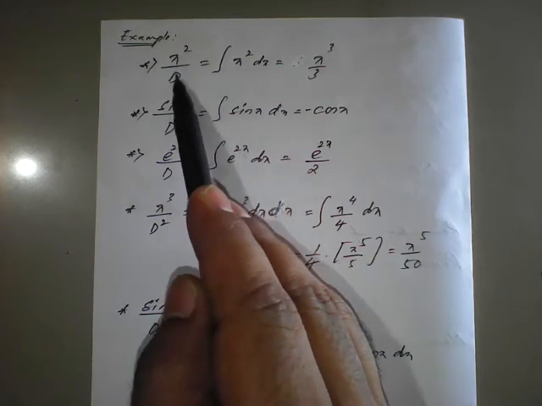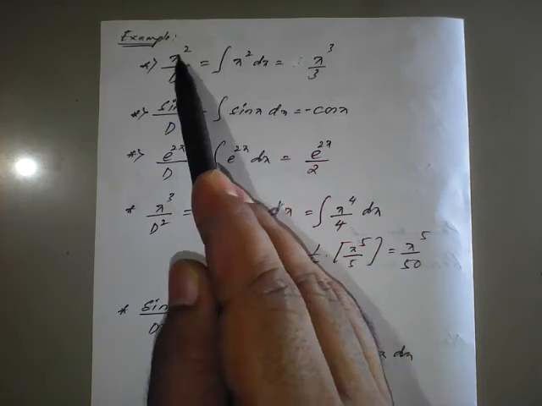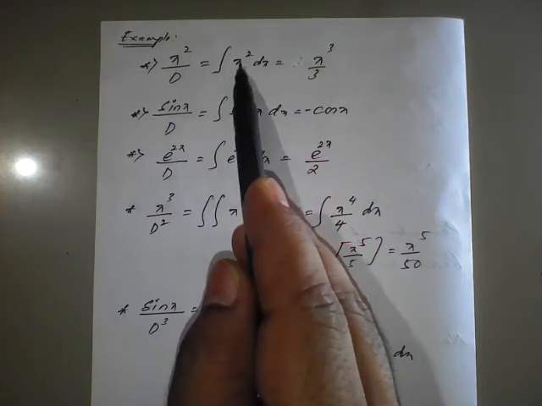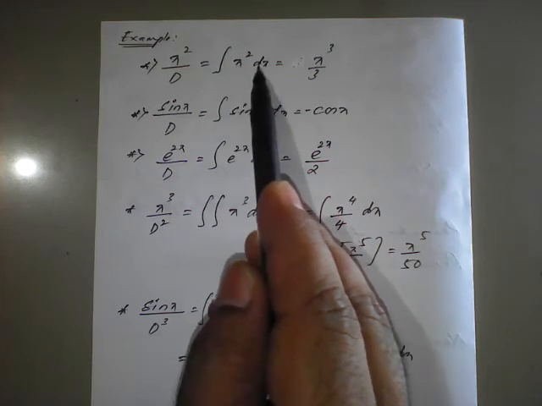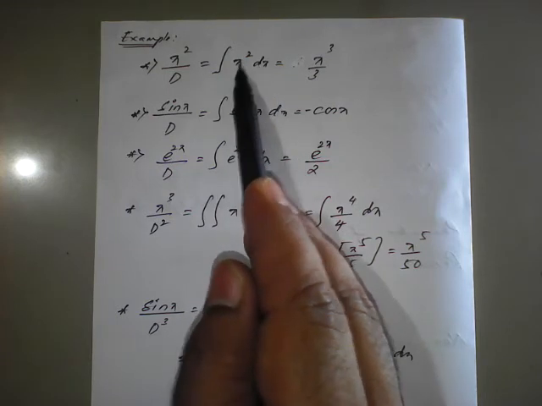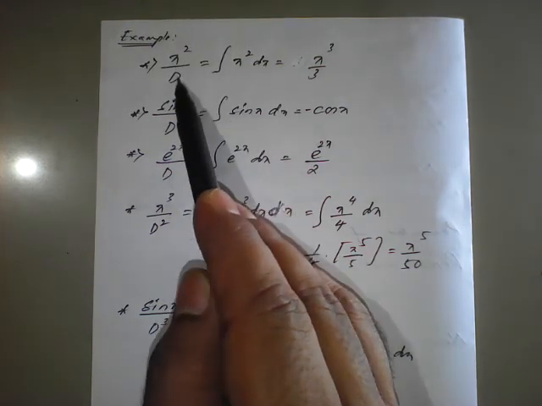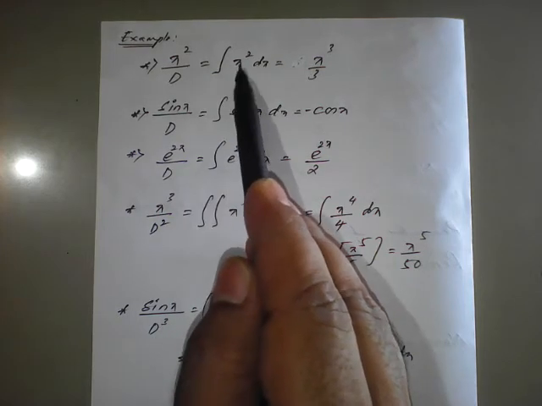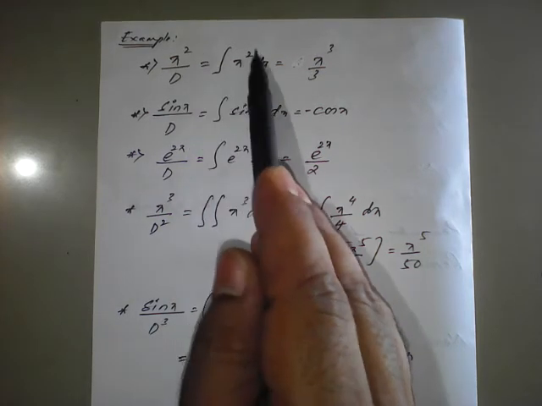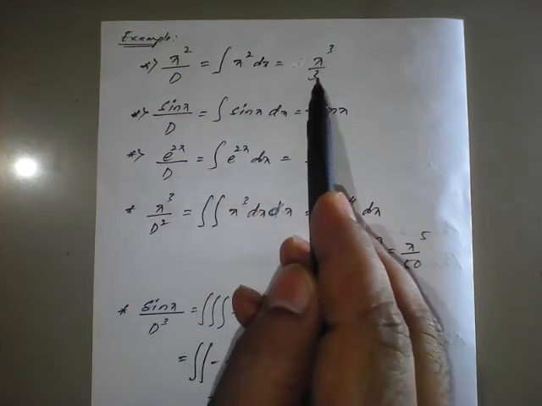It means the integration symbol and the function x square, and this function is in terms of x, that's why I'm writing dx. Because of 1 upon D I am taking one time integration of x square. As we know, integration of x square is x cube by 3.